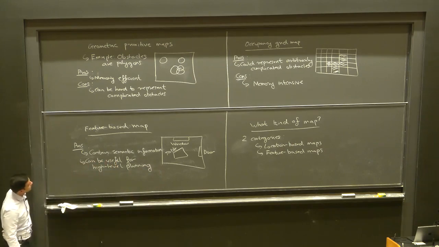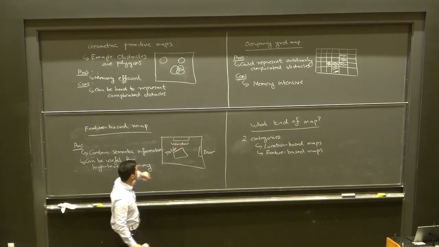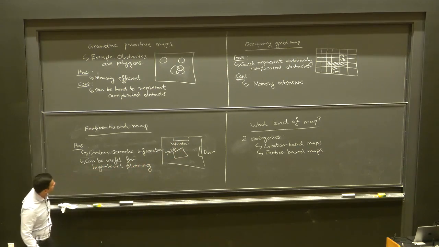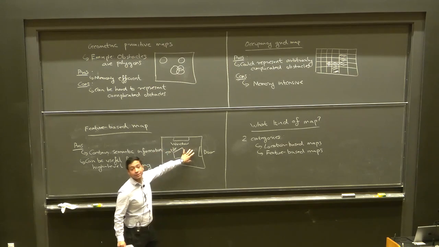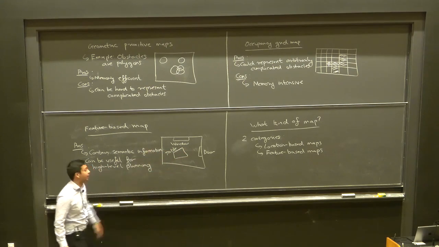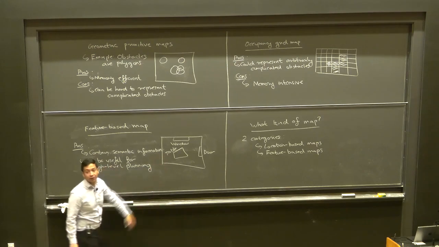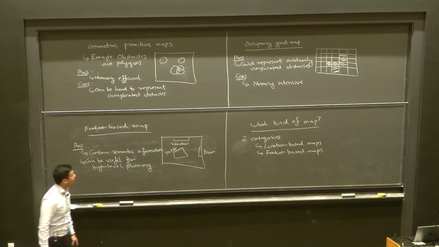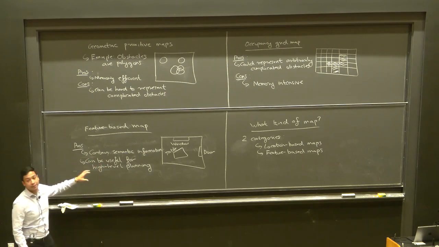So for instance, if you've identified some of these landmarks, you can try to guess what this room is. Maybe with some more landmarks, you could guess it's a dining room, or a kitchen or something. And that kind of information might be useful if the robot is looking for something.